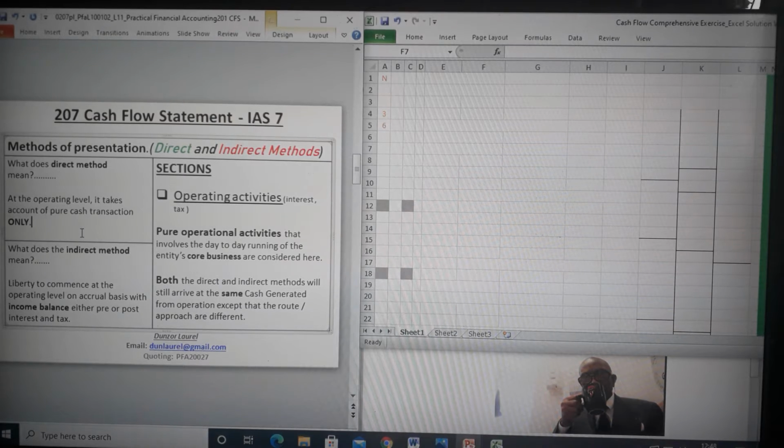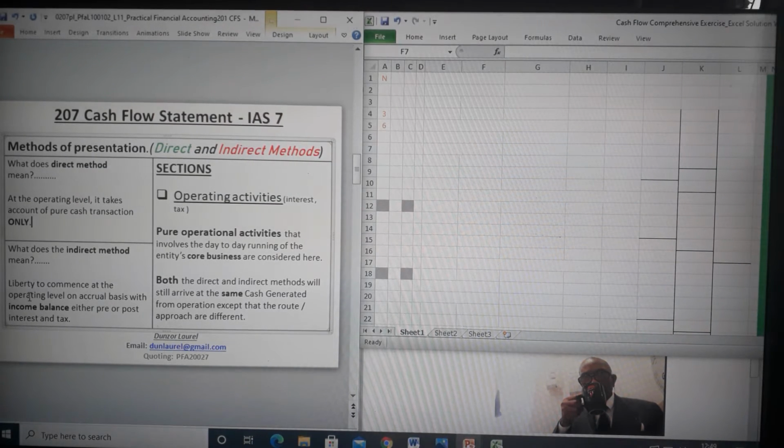But with the indirect method, you have the liberty to use the income statement or the balance sheet, either pre or post interest and tax. Once you use this figure, you have to work back, adjusting for non-cash flow items, things like depreciation, amortization, profit or loss on disposal, and other non-cash transactions.